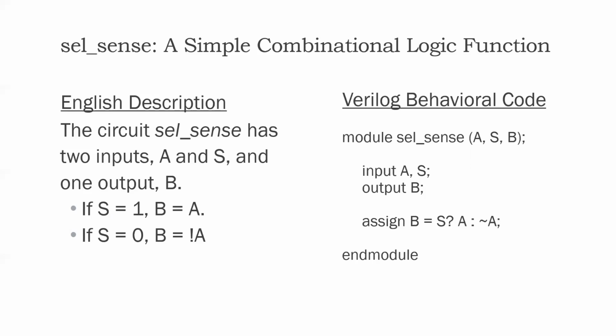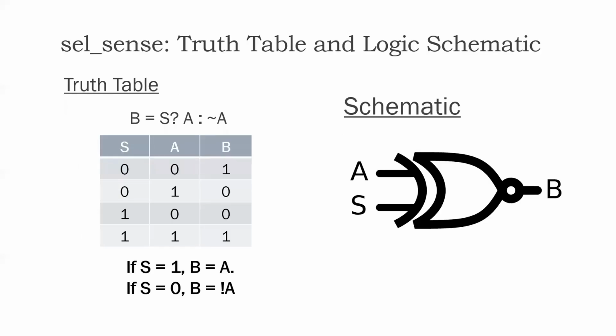The tool would produce an output logic circuit using gates from the standard cell library. If the library has a 2-input XNOR gate, you would expect the synthesis tool to create a circuit with that gate.